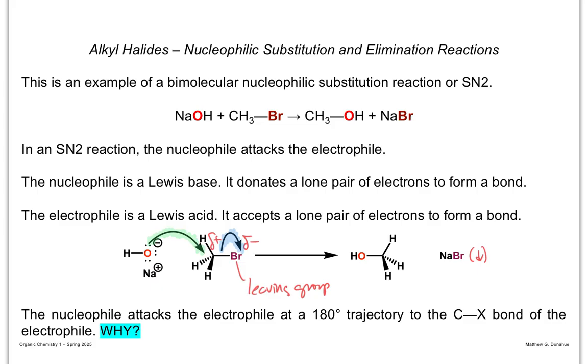So the electrons, they don't take a random path. It's very guided, and the reason for that is the molecular orbitals involved. So we know that the line here indicates a carbon-bromine sigma bond.